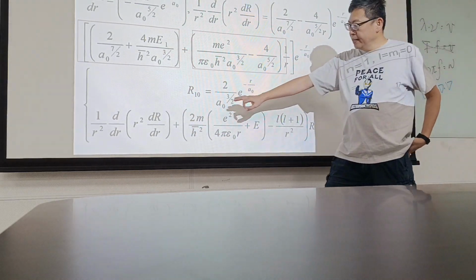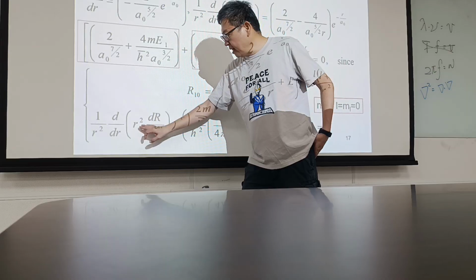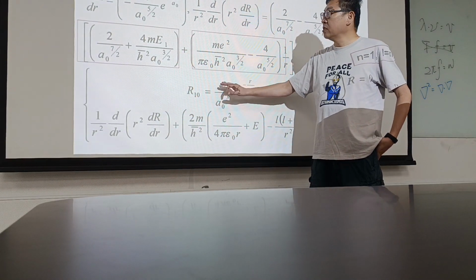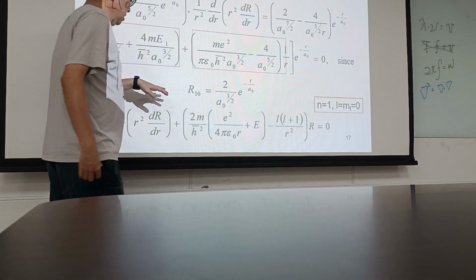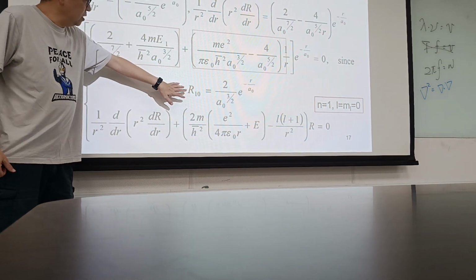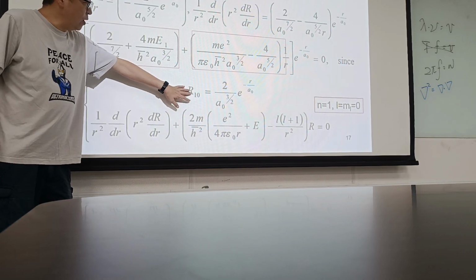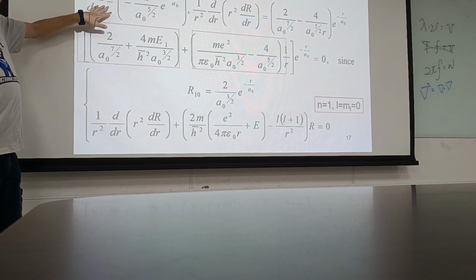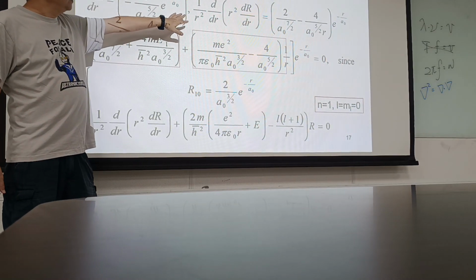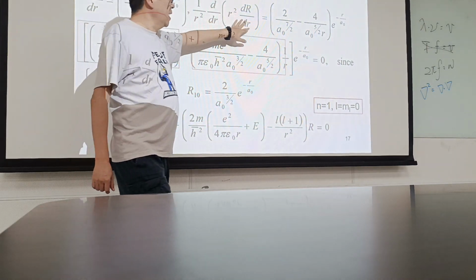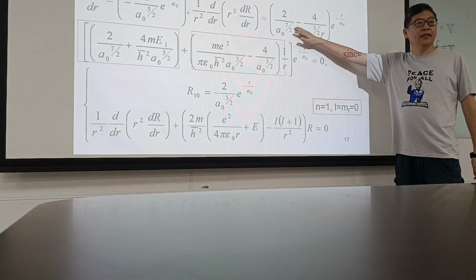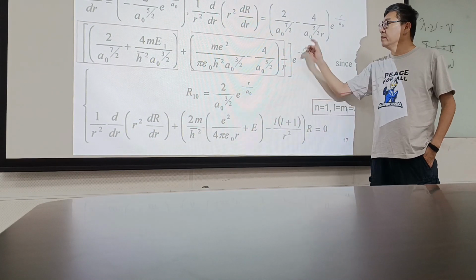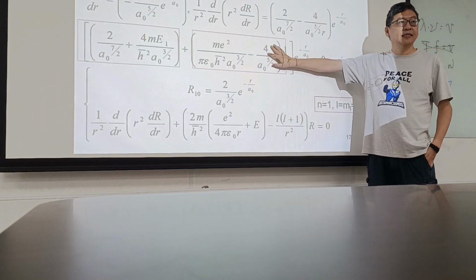We need to get the dR squared dR, and this is R. So what is the derivative of the R10? This is dR. Then multiply R squared, then dR again, and it becomes this one. And we put this into this formula.